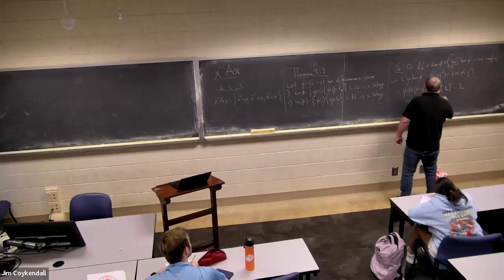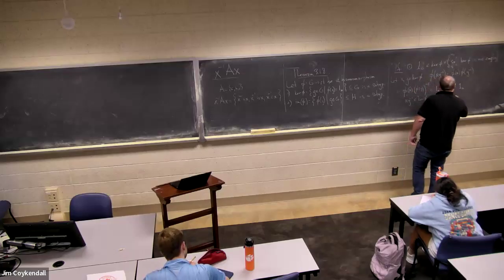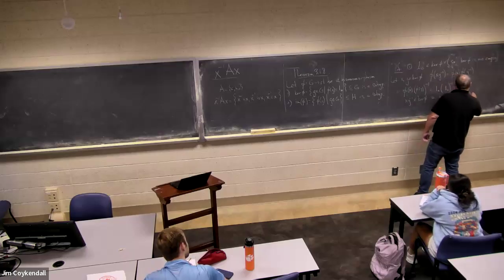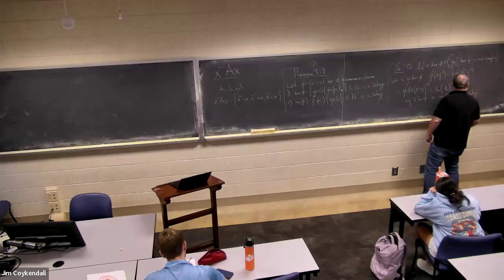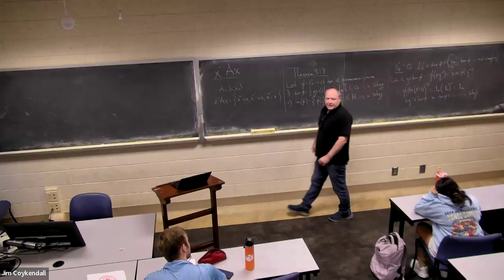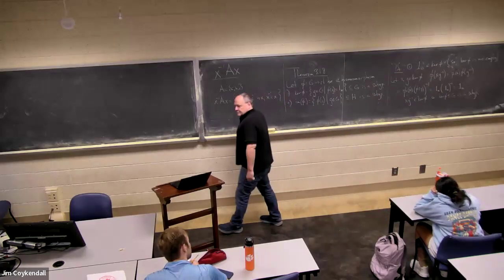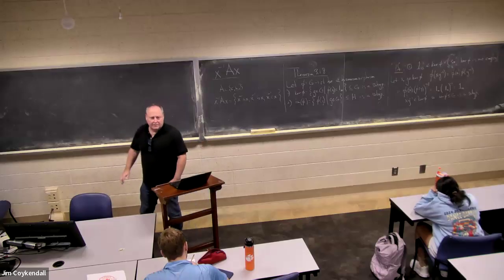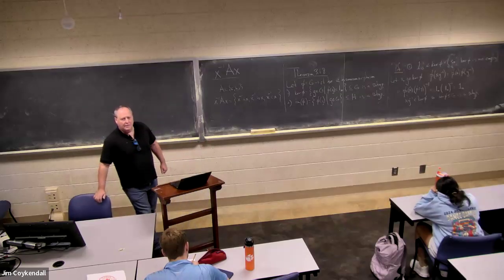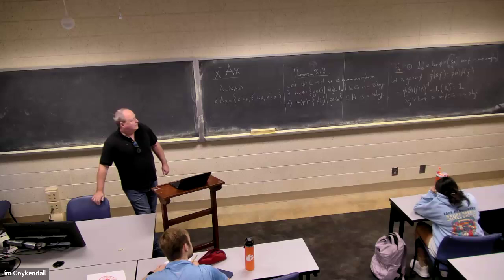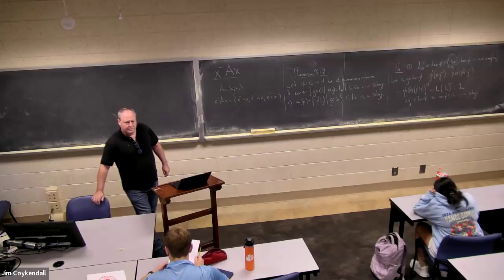So the kernel of phi is a subgroup of G. Any questions on that? Yes. How is just showing that it's in the kernel of phi enough to say it's a subgroup of G?